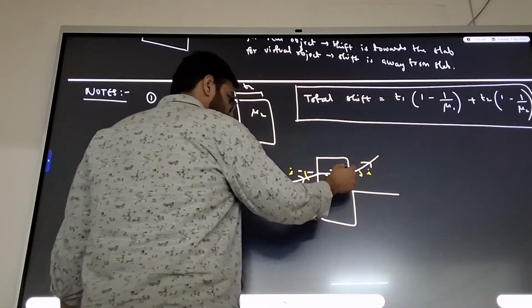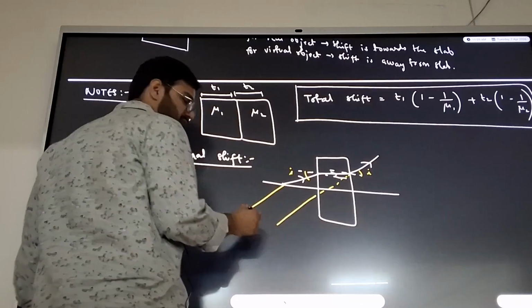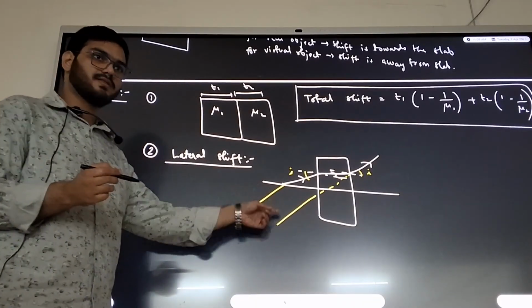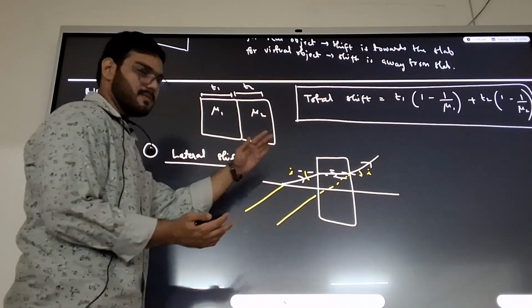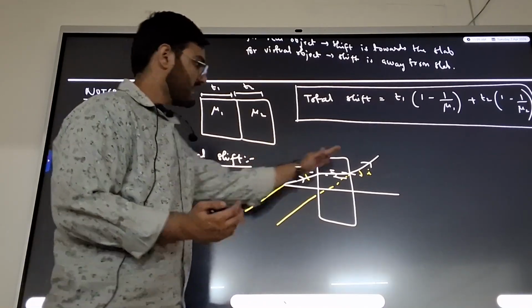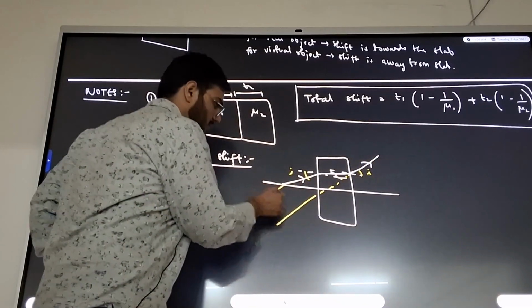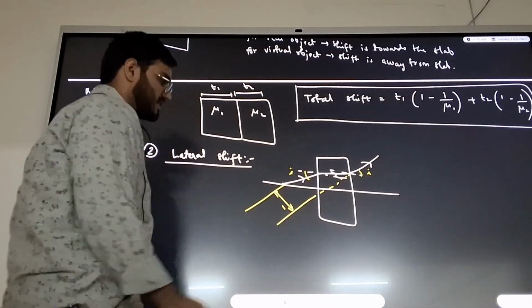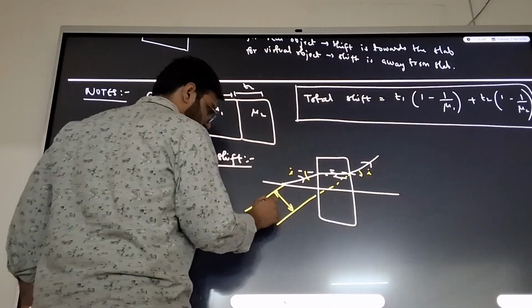That means if I were to extend this back, then these are basically parallel. Can you imagine this ray was moving like this and then got shifted here? So what is the amount of shift that occurred? That is called the lateral shift, and let me say that it is D.